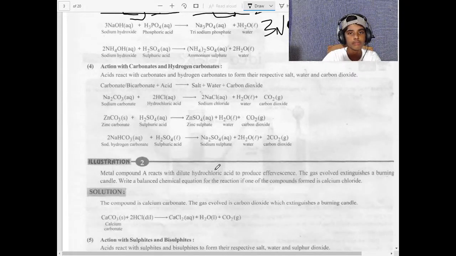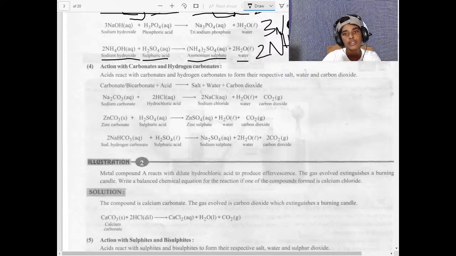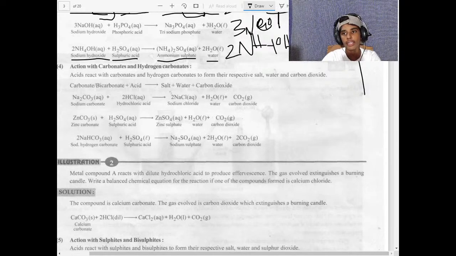Next, ammonium hydroxide plus sulfuric acid will give ammonium sulfate plus water: 2NH4OH plus H2SO4 gives (NH4)2SO4 plus 2H2O.